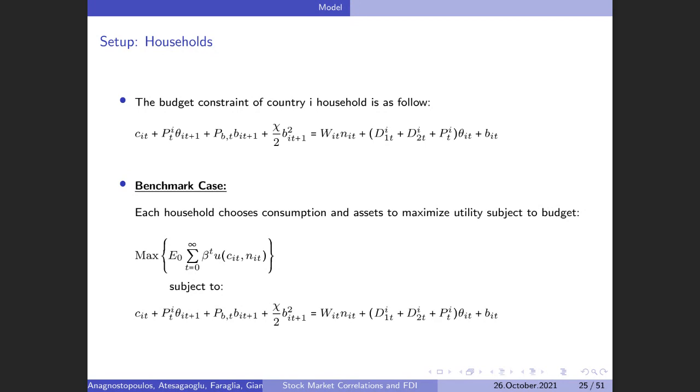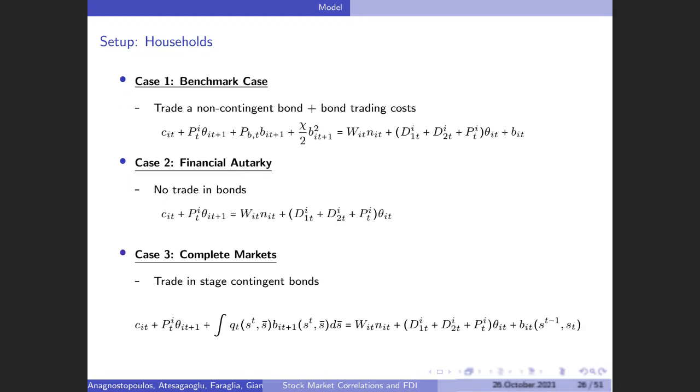In the complete market case, these debt instruments are contingent instruments, which provide perfect insurance between these two types of agents in the two countries. I will not go into the details of that modeling, because some of the people in our audience, like students, may not be familiar with this type of contract.